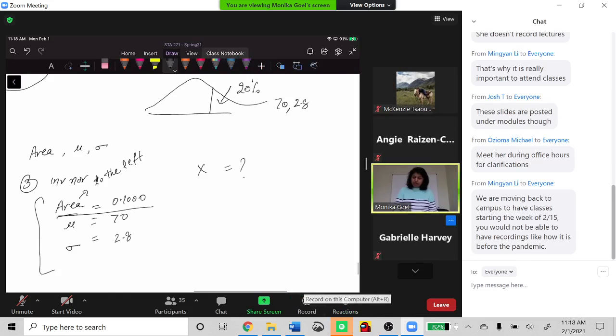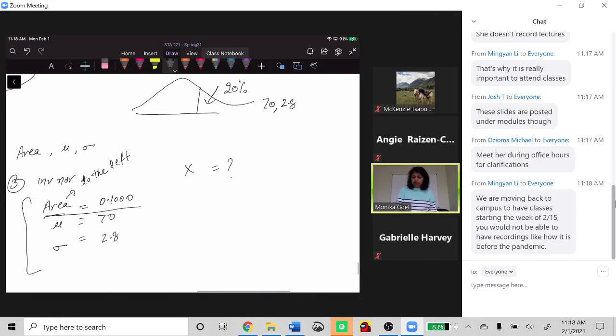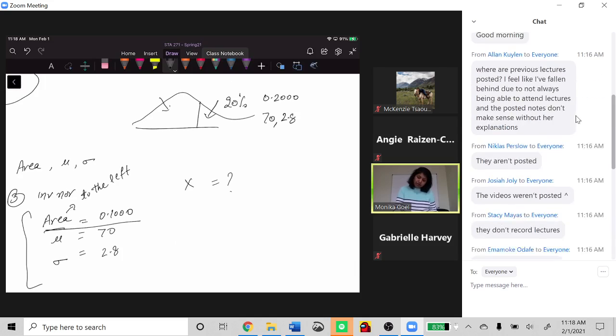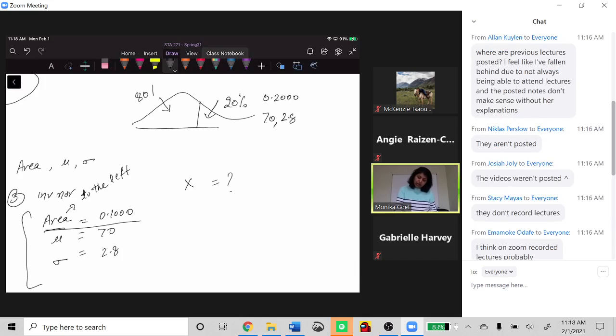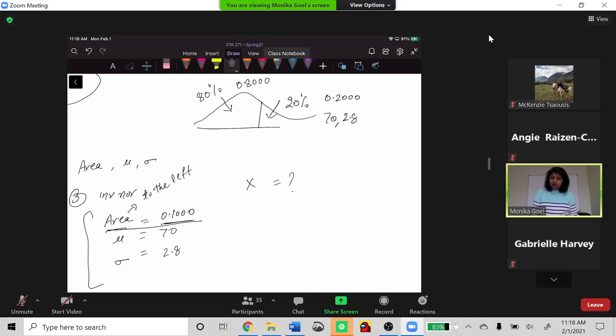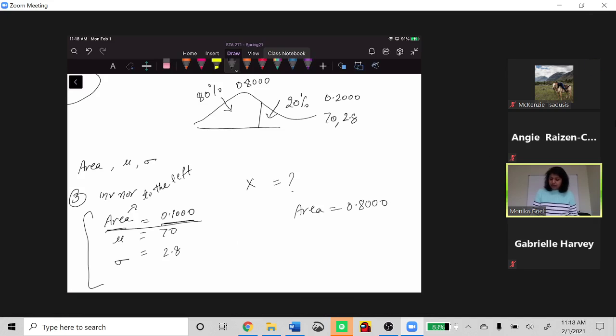When I'm using this calculator, first I convert this into a decimal. Again, the table does not give me the right-sided area, so I will find how much is the remaining left-sided area, which is 80%, so 0.8000. So you use this information, and your area is 0.8000, mean is 70, and standard deviation is 2.8, and then you can calculate.